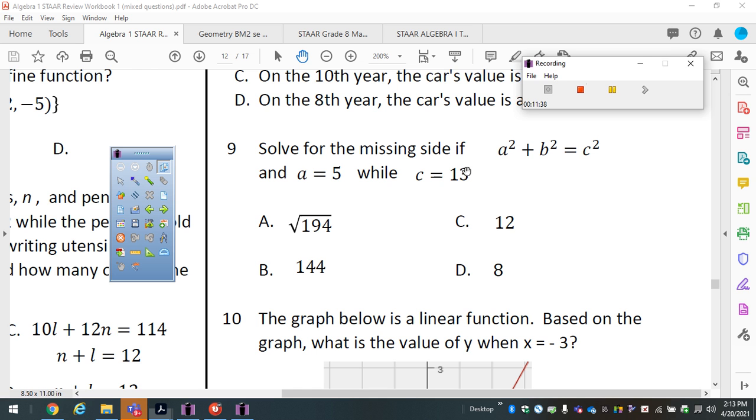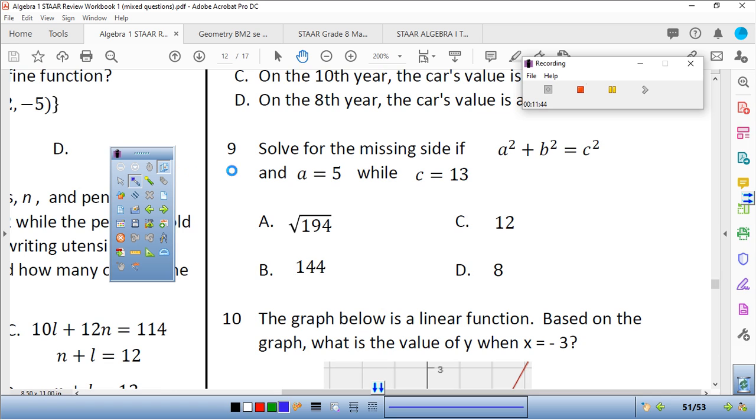Solve for the missing side, okay, so classic algebra. Give you variables, plug them in, solve for the unknown, that's it. So we're going to put here, like 5 squared plus b squared equals 13 squared. Now in this situation, look at the key things.